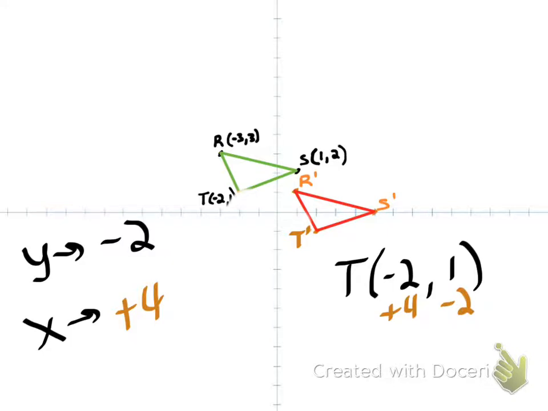So we get T prime is 2, comma negative 1. Let's try it out. You go 1, 2, down 1. Perfect.